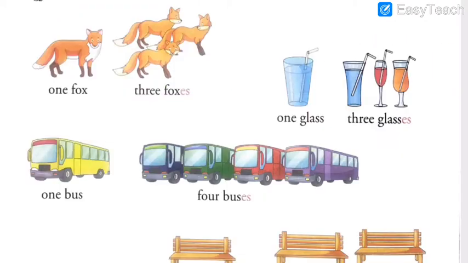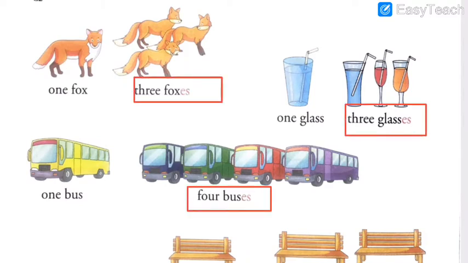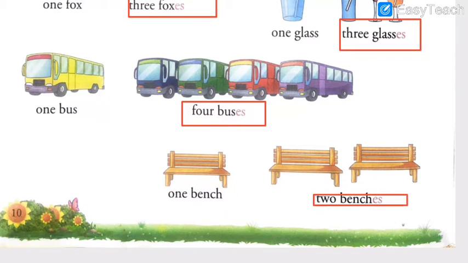Even on the previous page, foxes, buses, glasses, benches, we have everywhere added es, not only s, like the previous exercise. So, unlike the previous exercise, here we have to add es, not s.